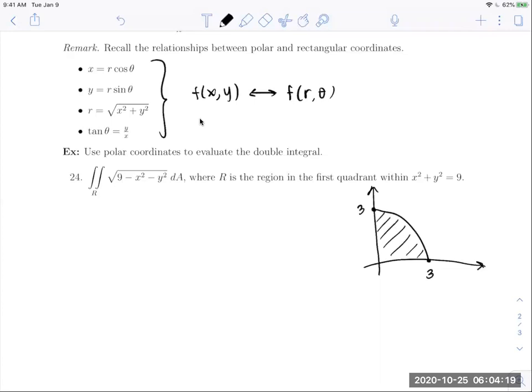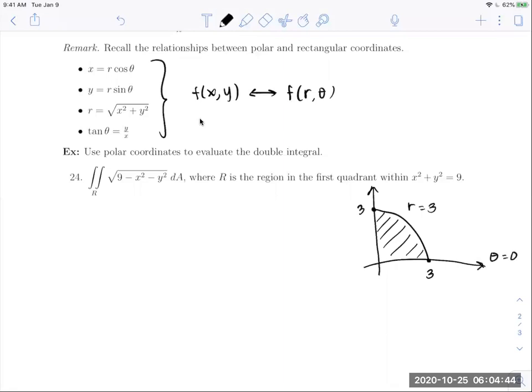All right. And so first, let me rewrite the equation of the circle into polar coordinates. That can be rewritten as r equals 3. I can also express those boundary rays. In this case, they look like the x and y axes in polar coordinates.